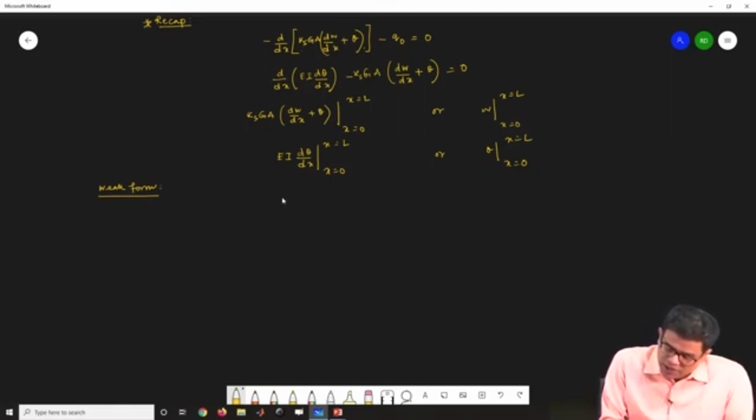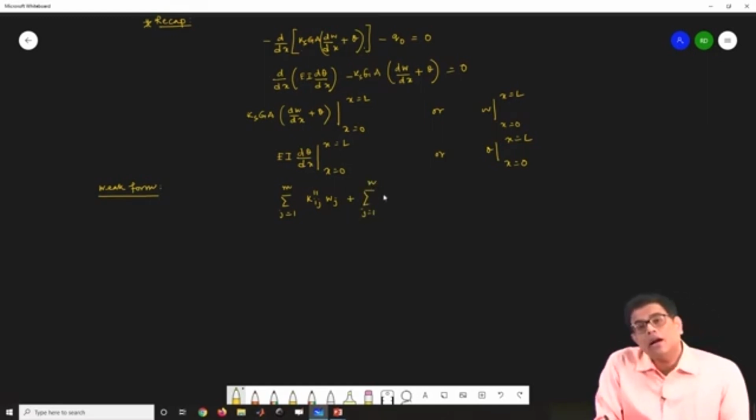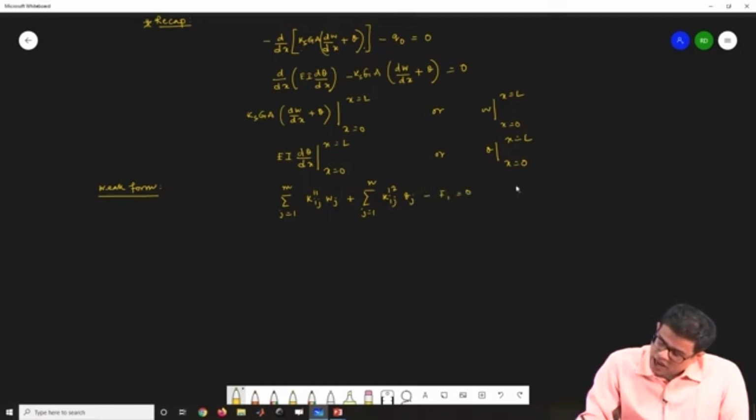We derive this kind of equation, which I can write in more detail: summation of j equals 1 to m k11 ij wj plus summation of j equals 1 to n k12 ij theta j minus f1 i equals 0. So m and n are the orders of interpolation for displacement and slope. Here i runs from 1 to m.